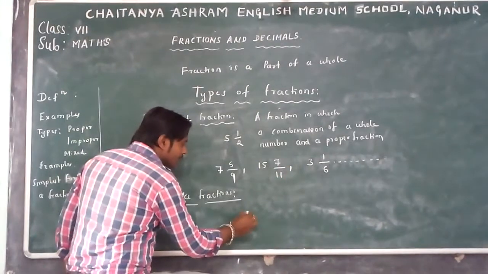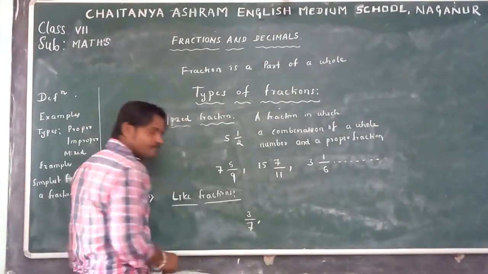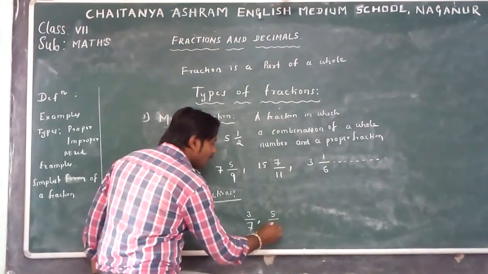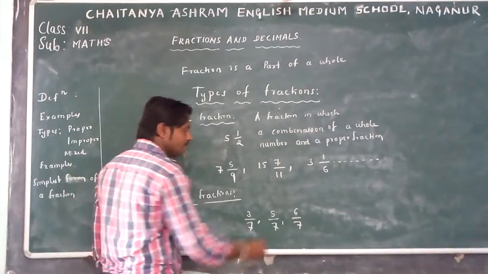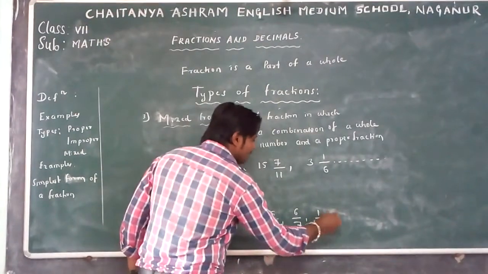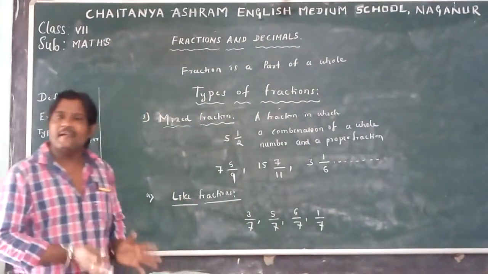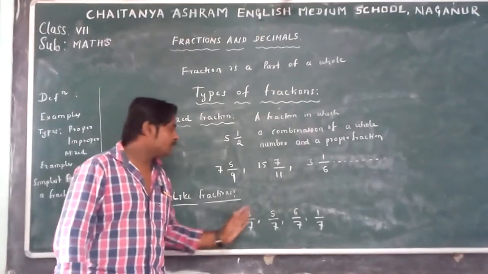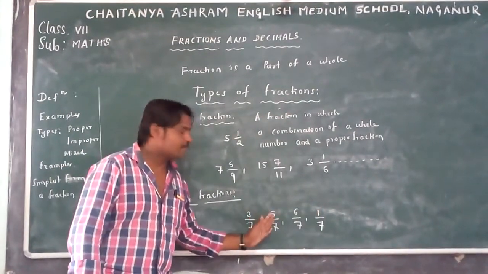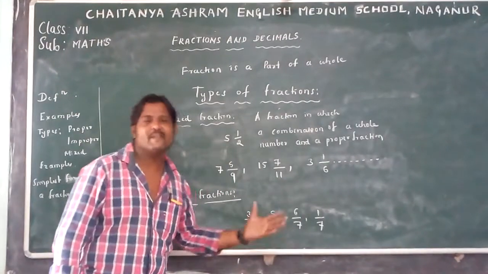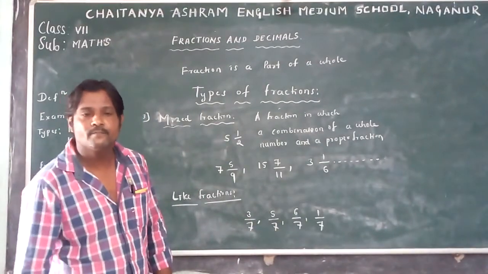Observe. 3 by 7, 5 by 7, 6 by 7, 1 by 7. How many fractions I wrote? I wrote 4 fractions. Observe these 4 fractions. What is the special in these 4 fractions?